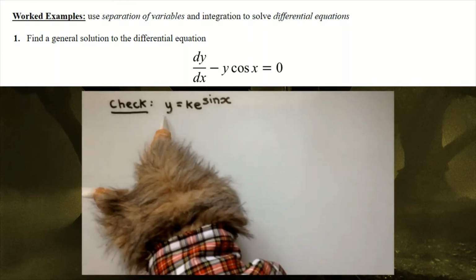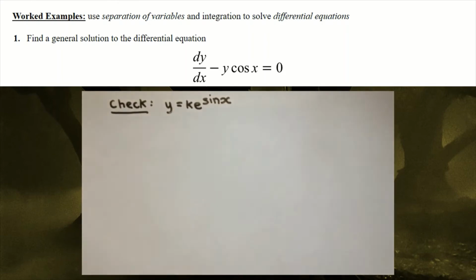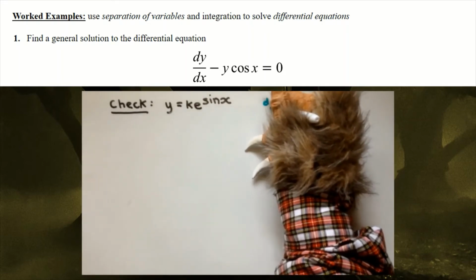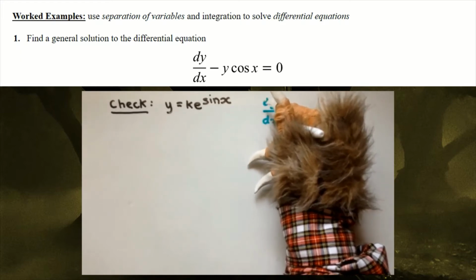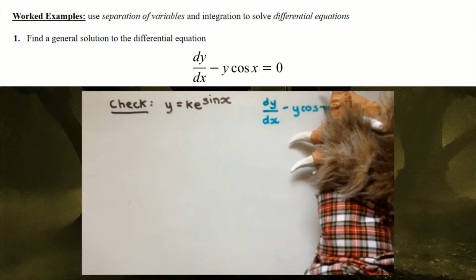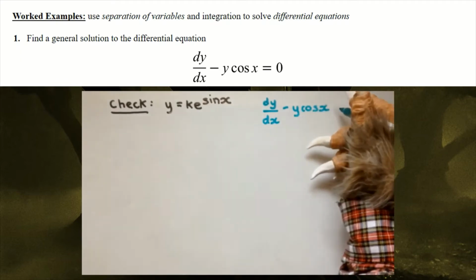And we had our general solution given like this, and remember that the differential equation that you were asked to solve, I'll just make a note of it here, was dy by dx subtract y cos x equals 0.